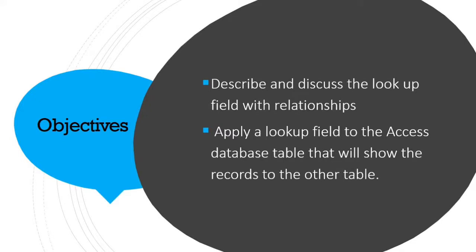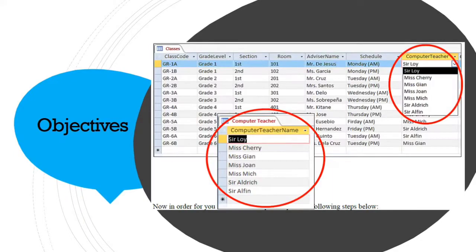Let's say for example, this one. We have here two tables, the classes table, and of course we have here the computer teacher table. Since we have here the field names of the computer teacher table, ilulook up na po natin whatever will be yung value ni computer teacher table.